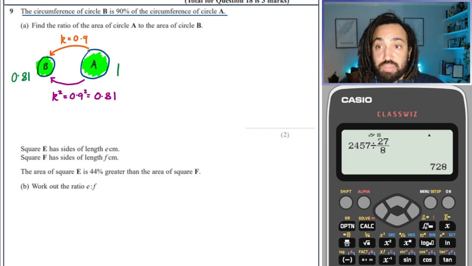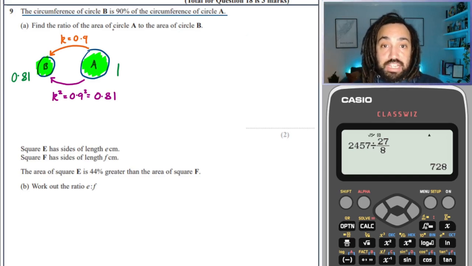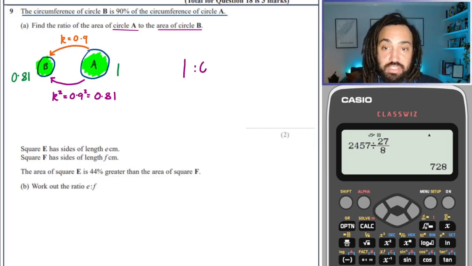So that's the ratio between them. Now we want circle A first, so if A is 1, then B's area is 0.81.